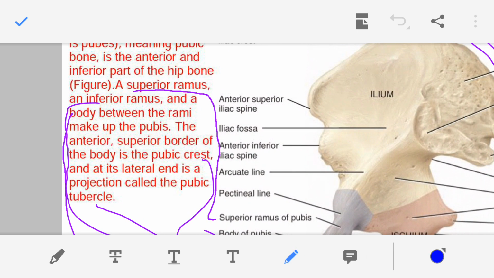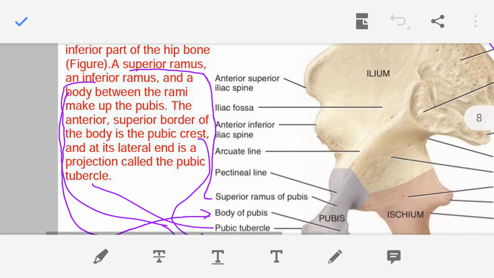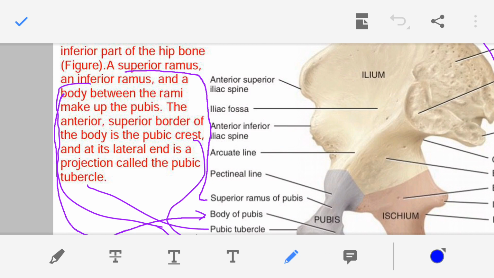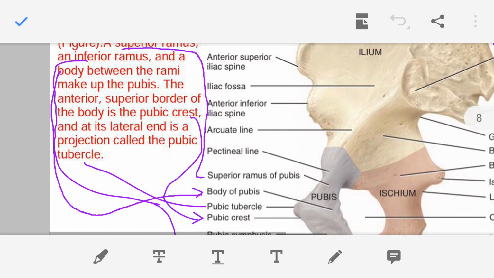Now the anterior and superior border of the body is the pubic crest.